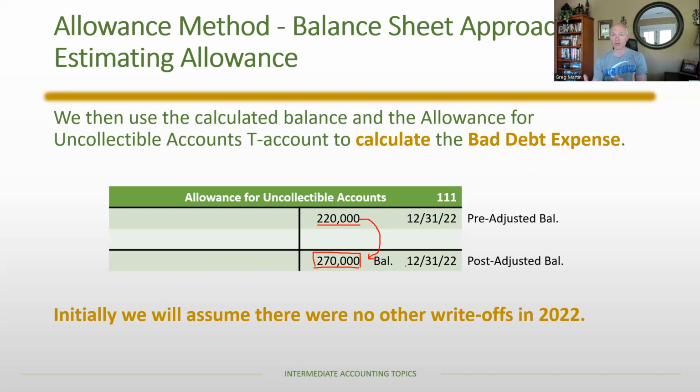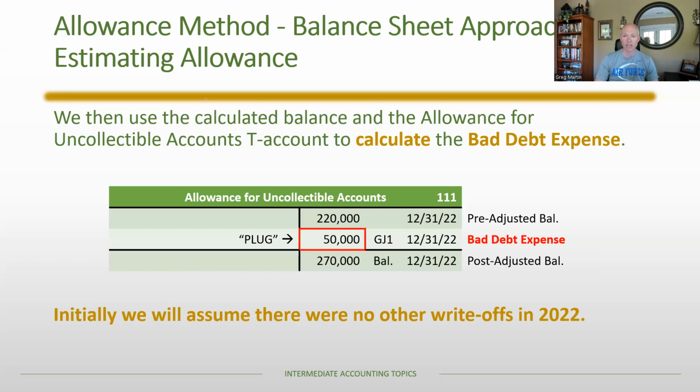And this is the journal entry that we're trying to figure out. This is the journal entry that will get us our bad debt expense. We need to make an adjustment to this account. That adjusting entry is where we derive the bad debt expense. And so that plug amount, that $50,000, that is the bad debt expense.